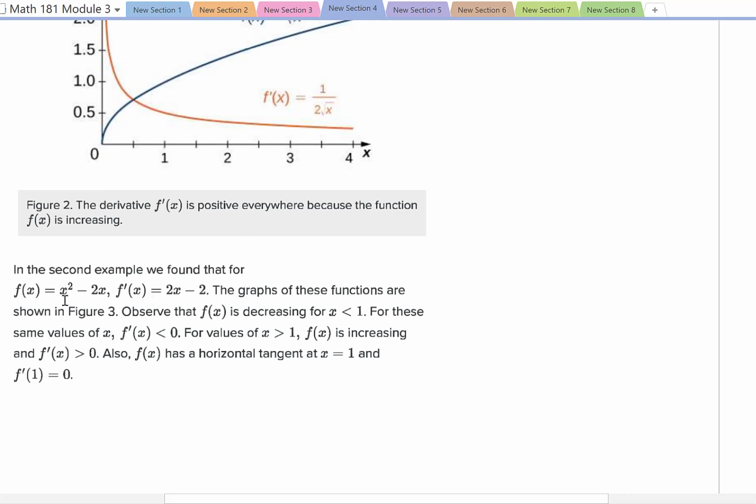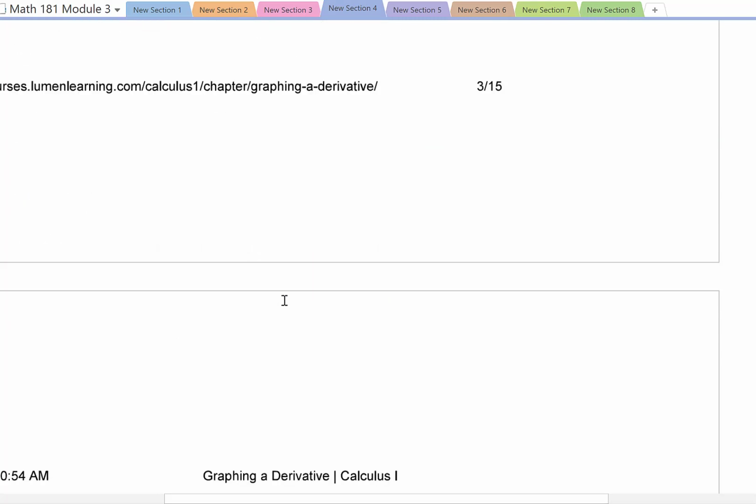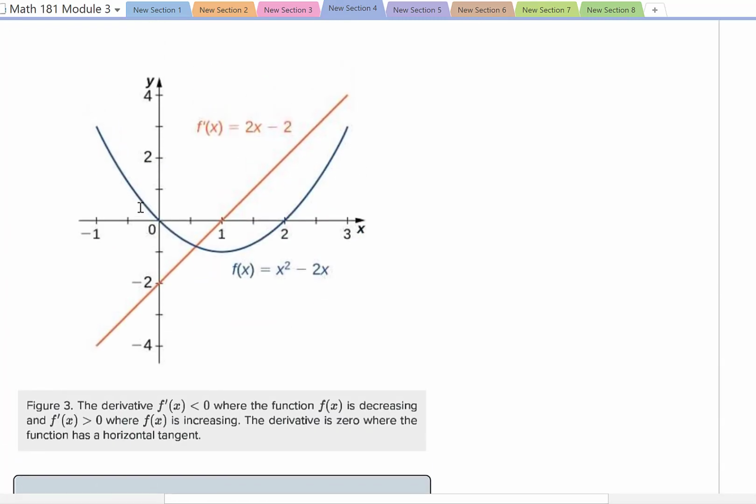We also worked a problem f of x equals x squared minus 2x, and the derivative was 2x minus 2. This is the equation of a line. So if we look at the graph of this, here's our original function. It's a nice, pretty parabola. And the derivative is this orange line.